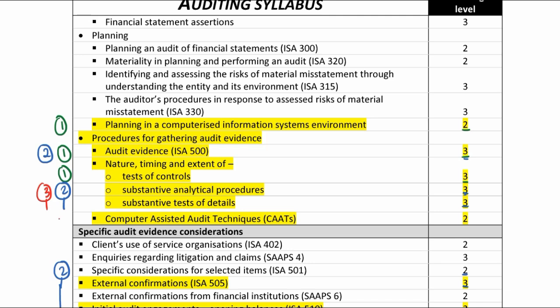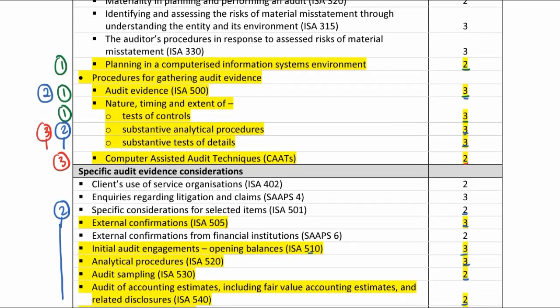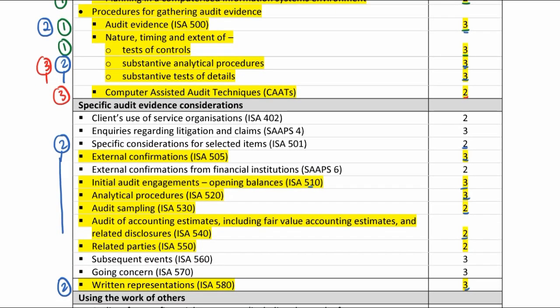Now we're doing computer assisted audit techniques. It's a level 2. So that's only going to be part of the lecture. And then additionally, we will be doing in week 3, ISA 550, our related parties, which is also a level 2.